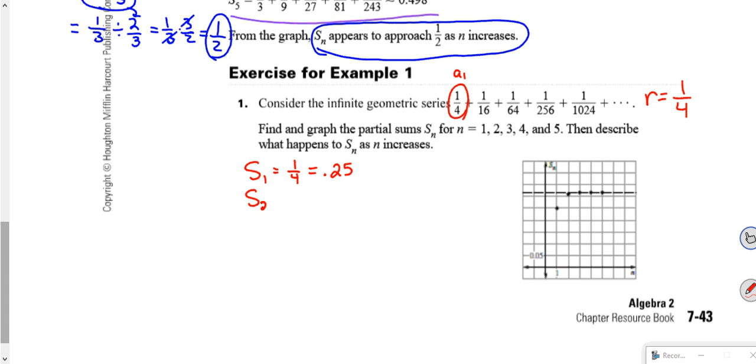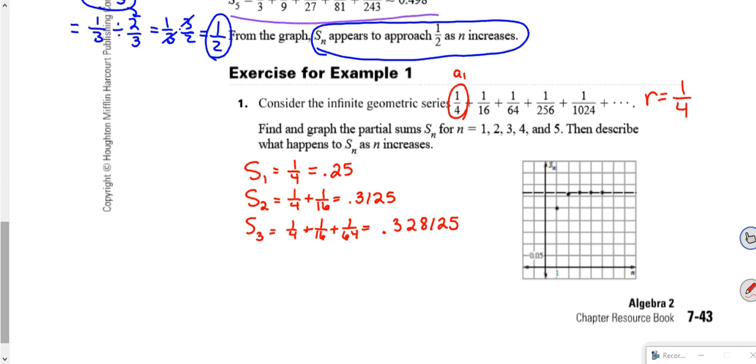The sum of the first two terms is 1/4 plus 1/16, or you could poke that in your calculator and you get 0.3125. The sum of the first three terms is 1/4 plus 1/16 plus 1/64. Poke that in your calculator, you get 0.328125.